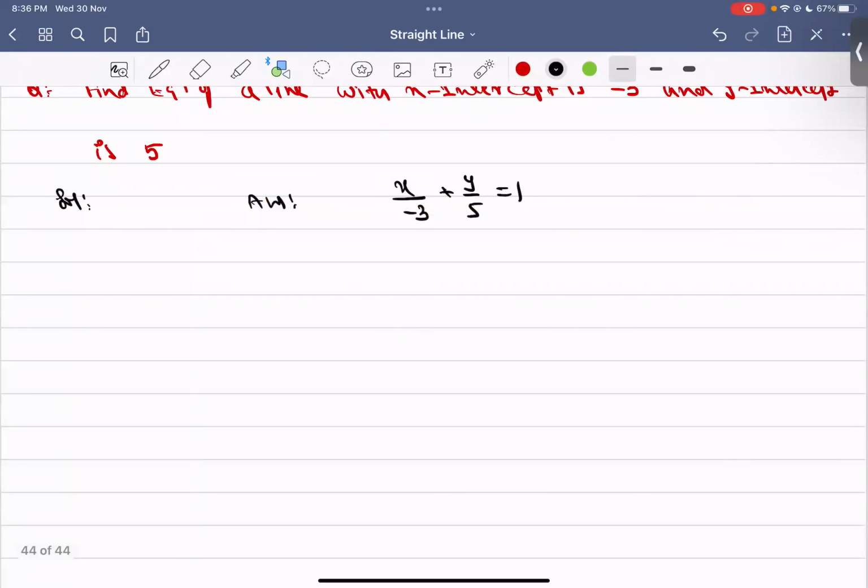Now how to draw the diagram? So the y-axis and x-axis. The x-intercept is minus 3, where the line intersects the x-axis, at minus 3 here. And the y-intercept is 5, positive. So this point is (minus 3, 0) and this one is (0, 5).